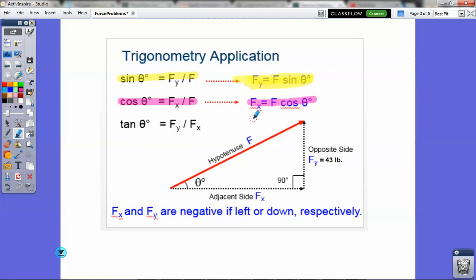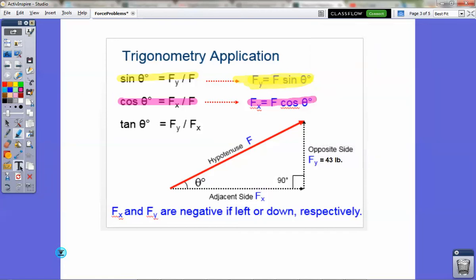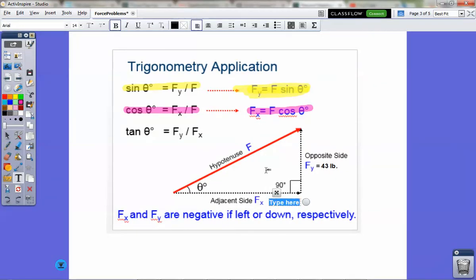To get the x component, I just need to do the force times the cosine of the angle. So same deal, 75 times the cosine of 35, and hit equal, and I would get 61.4. So the x component in this case is 61.4. We'll go with the tenths decimal place. That's fine: 61.4 pounds.